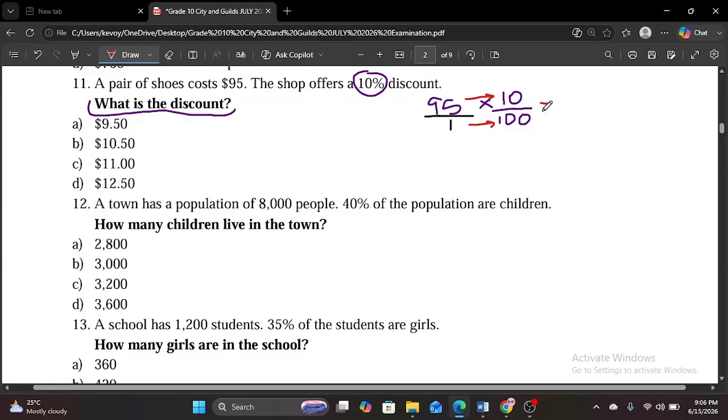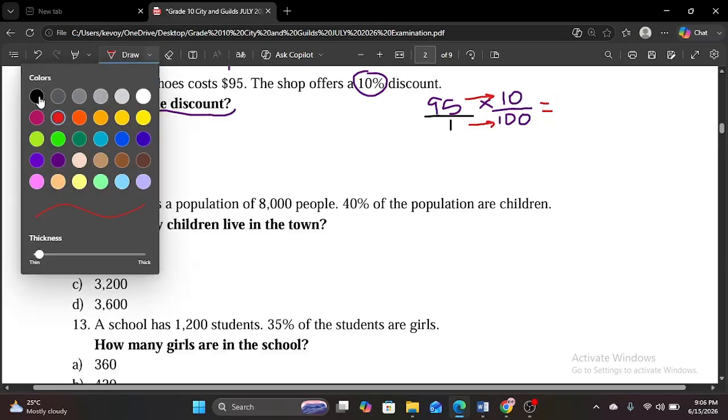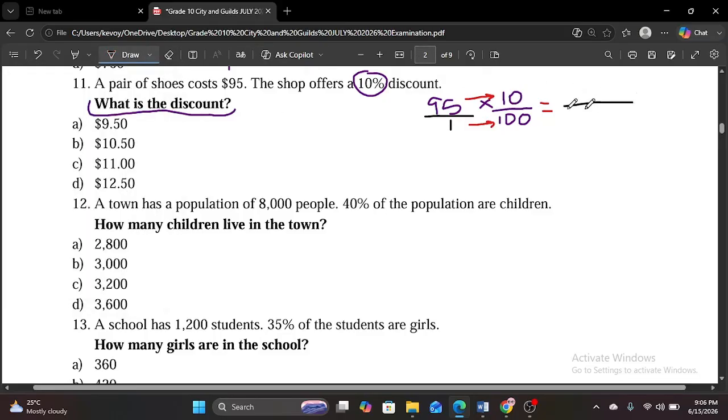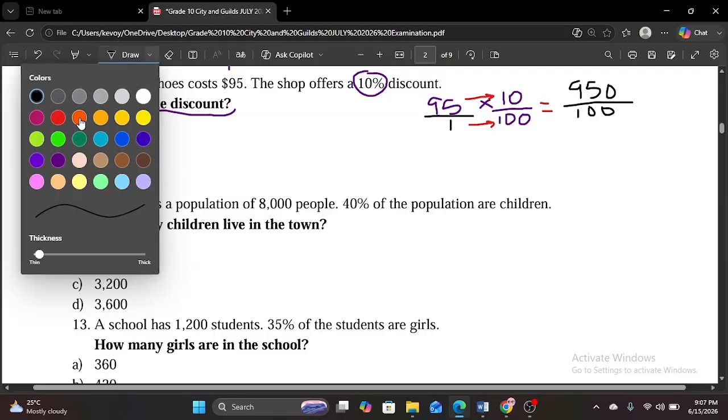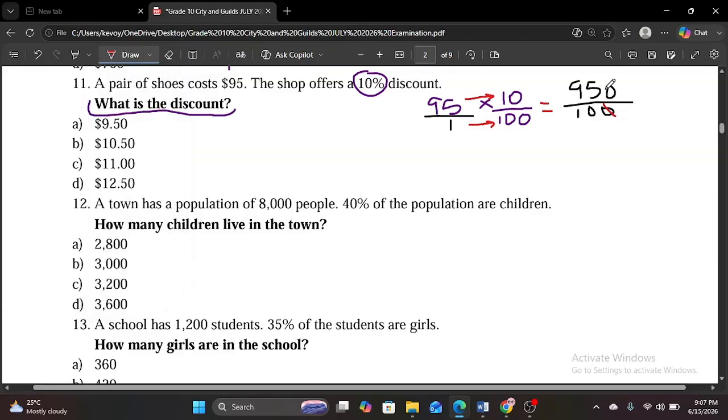So that's going to be equal to 95 times 10, which is 950. Just add the 0. And then 1 times 100 is 100. So first thing first, we eliminate the 0. After eliminating the 0, we're left with just 95 divided by 10.